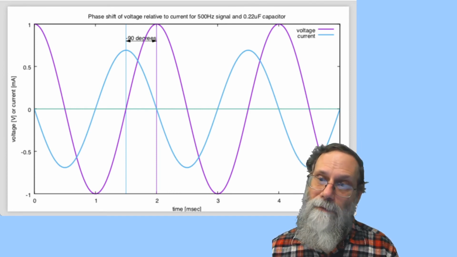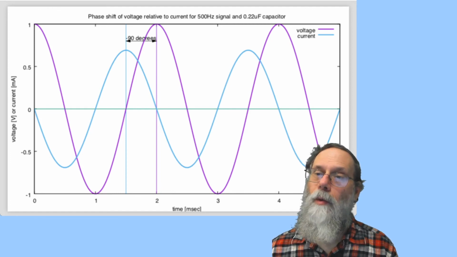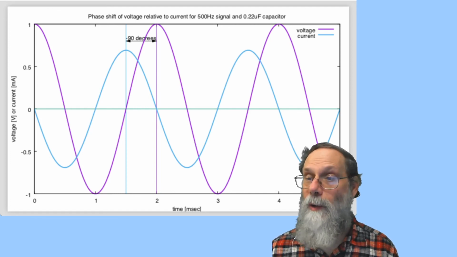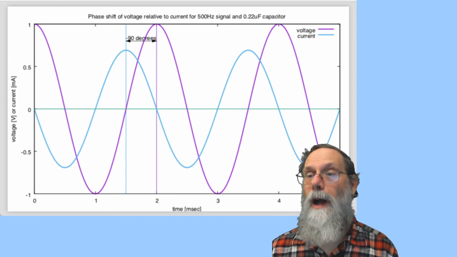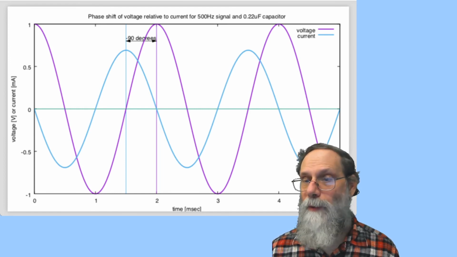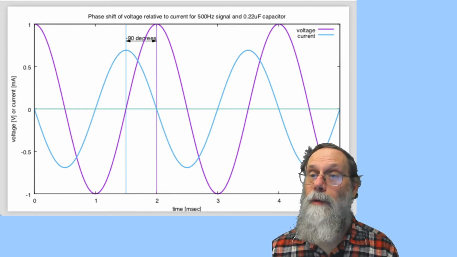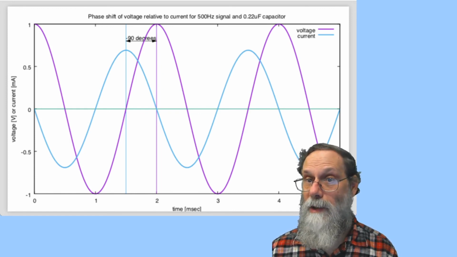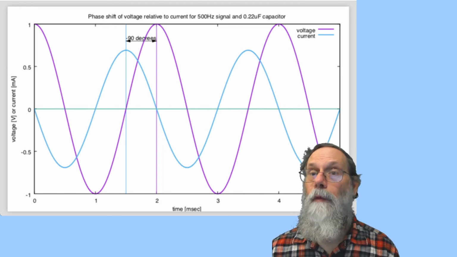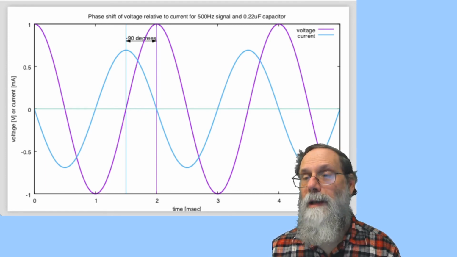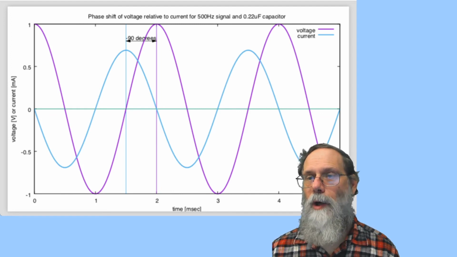So the phase change is sort of what direction you are from the origin on the complex plane. If you're on the positive real axis, you've got a phase change of 0. If you're on the negative imaginary axis, you've got a phase change of minus 90 degrees. That is to say that the voltage is 90 degrees behind the current.